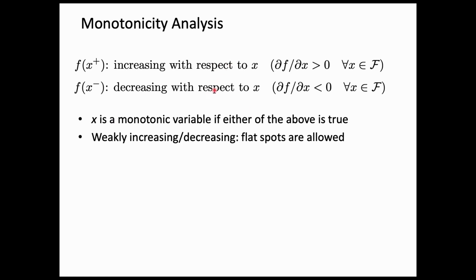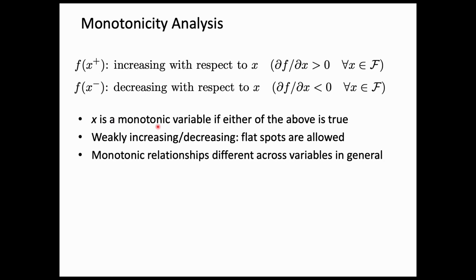What about the flat spots? If we have these conditions satisfied with inequality constraints that allow us to have the case where these partial derivatives are 0, then that allows flat spots. The specific term that we use is weakly increasing or decreasing, instead of being a strict monotonic variable.